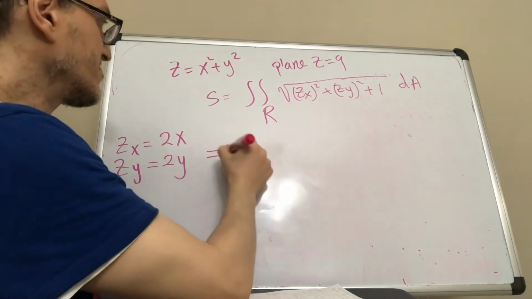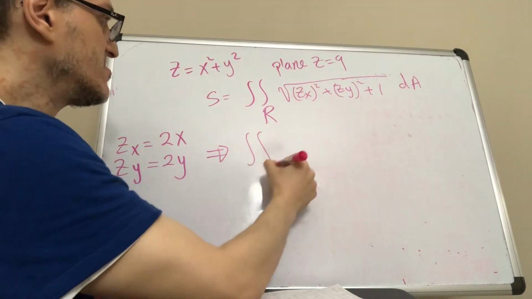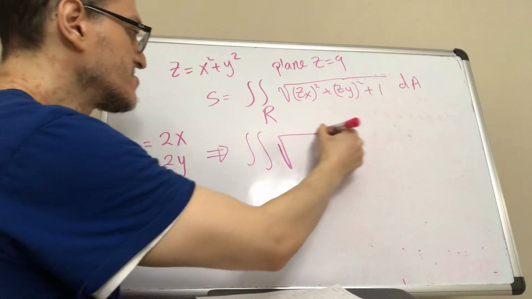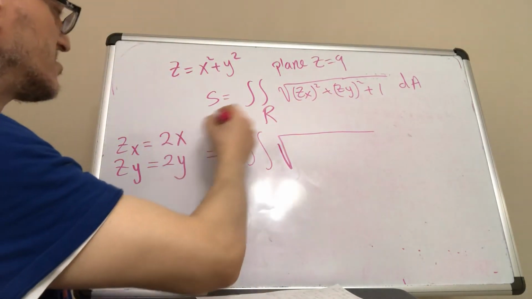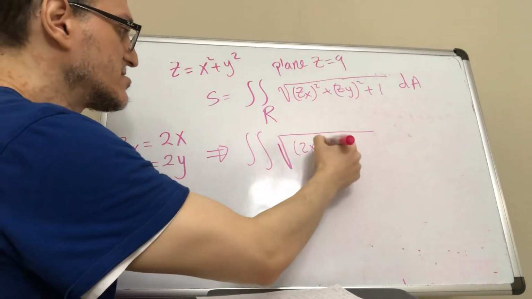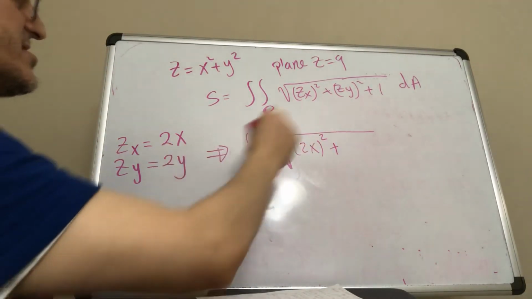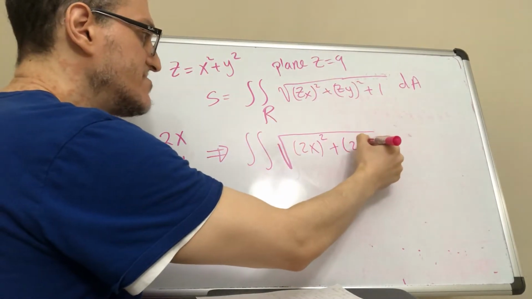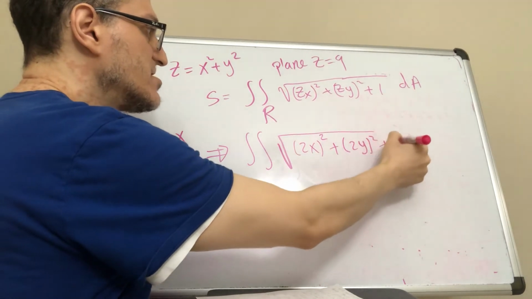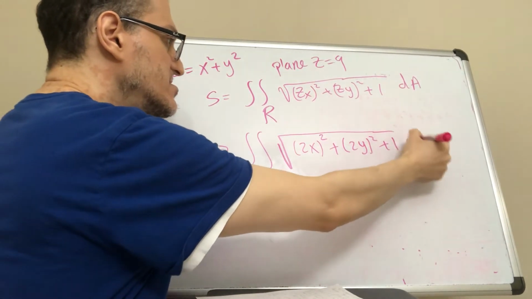So we integrate now this squared, 2x squared, plus 2y squared plus 1 dA.